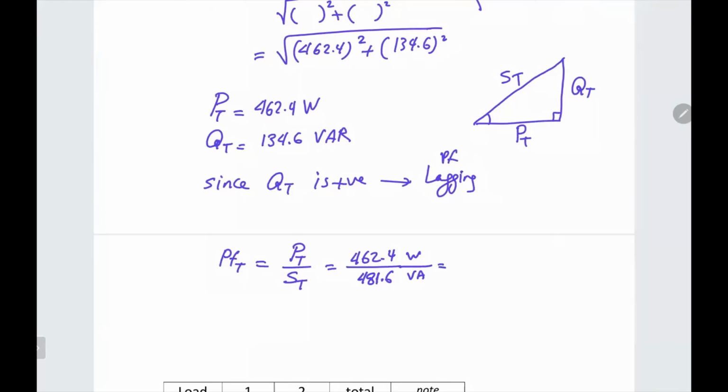You get the ratio? It's 0.96, right? All right, 0.96, and it's lagging. Yes. That will solve it. So if you have two parallel loads, that's the way you do it.